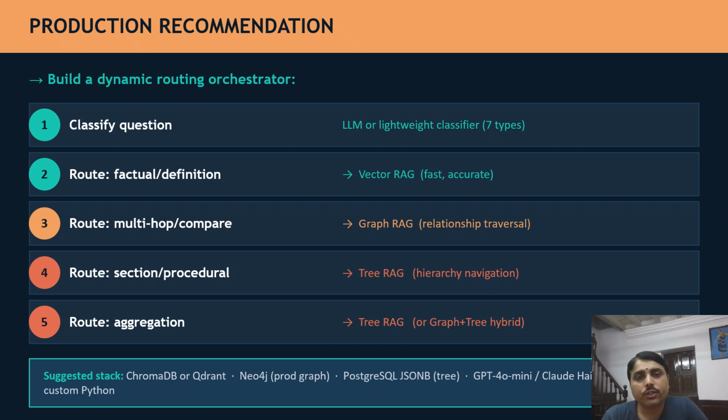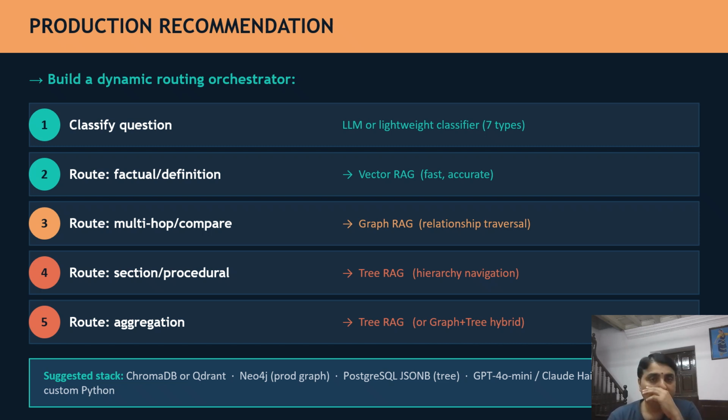Let's see the production recommendation. The 5 routing steps map directly to the question types that we tested. The key message is that all 3 indexes should be deployed together, not just the winner. Different question types will always exist in a real user base, and the dynamic orchestrator pays for itself by routing each question to the retriever most likely to answer it correctly.